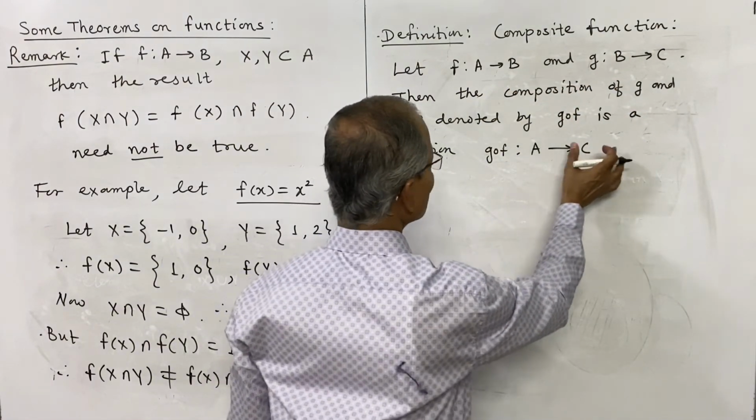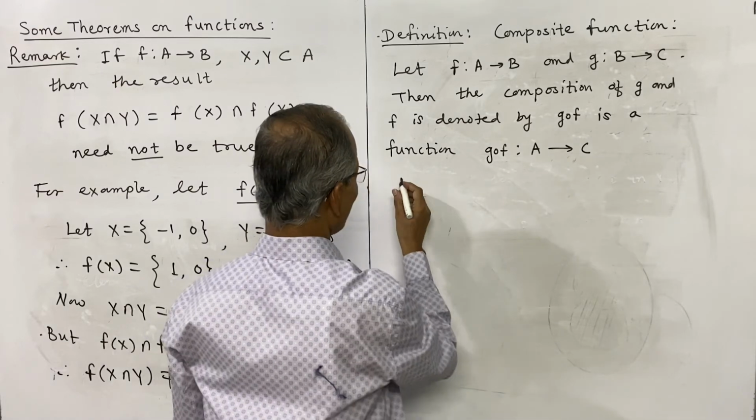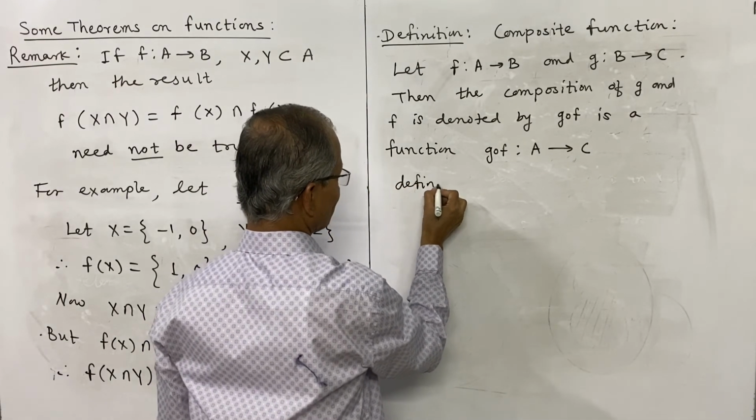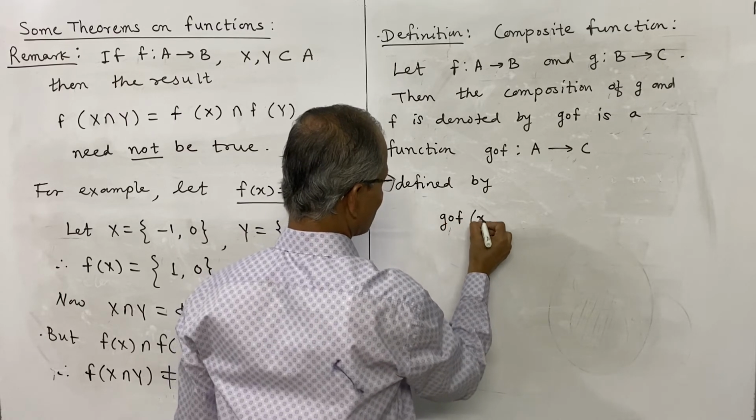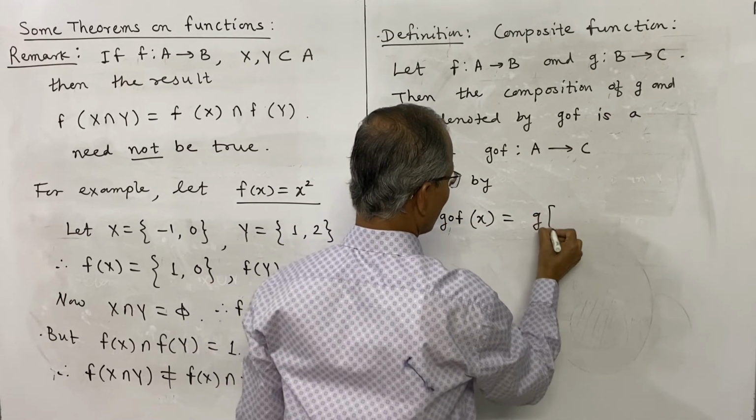So g naught f is a function from A to C defined by g naught f of x is equal to g of f of x.